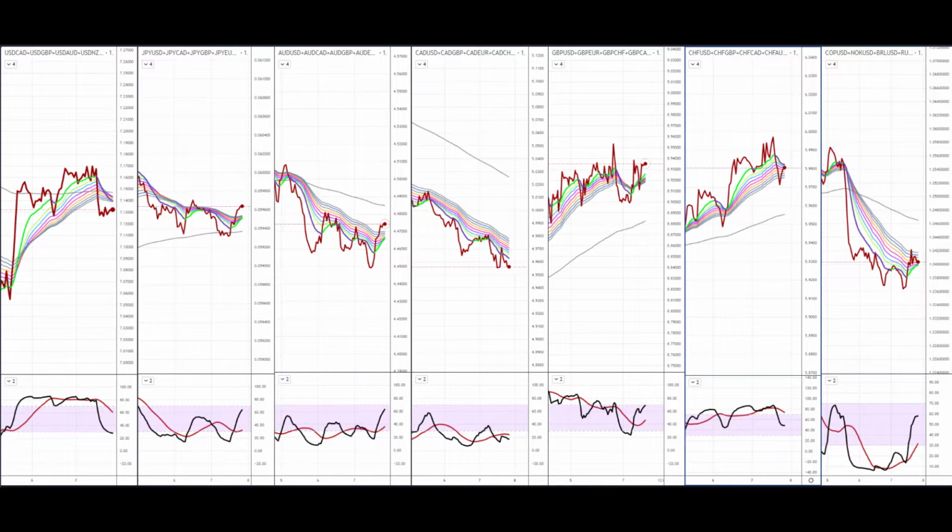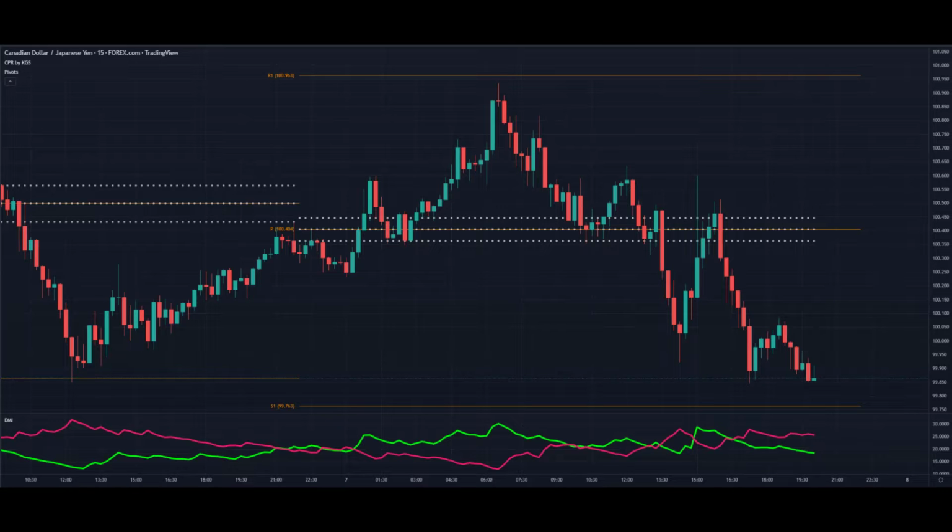I'm going to find what's strong and weak. Now, quick analysis, I'm not going to go into this too heavily at the moment. It's going to tell me that CAD's been trending down quite a lot and JPY is on the up. So I'm going to put CAD JPY together, then I'm going to go and find that chart in the smaller time frames. And then it's the same approach.